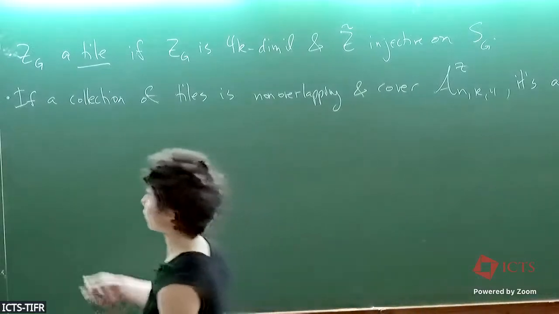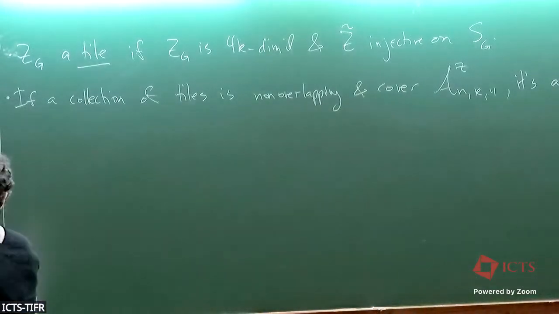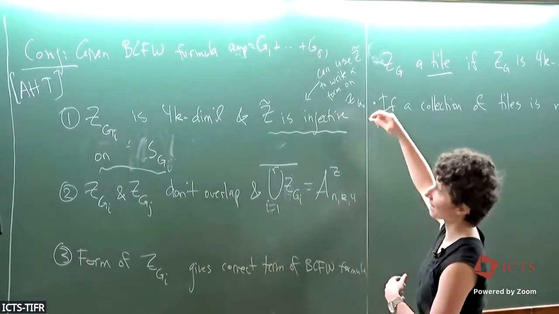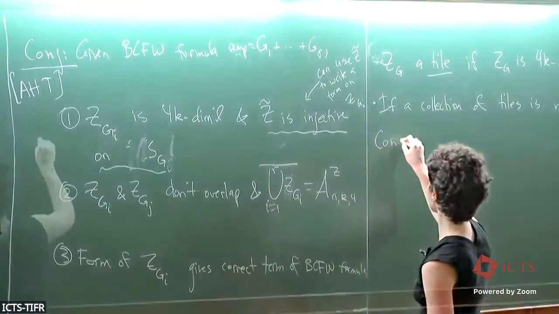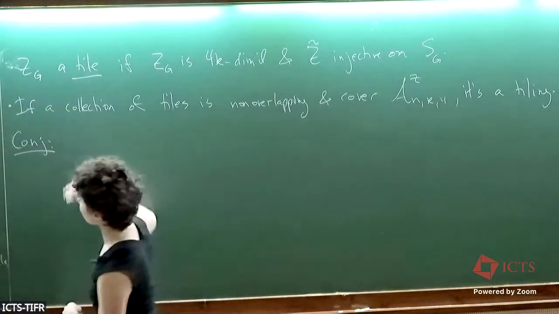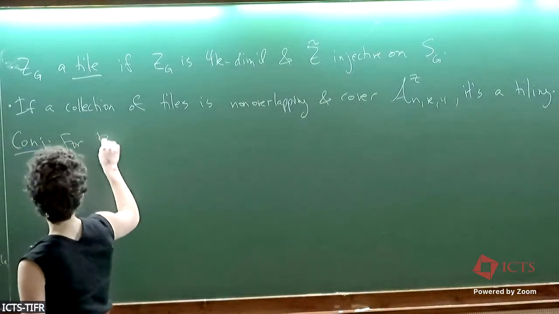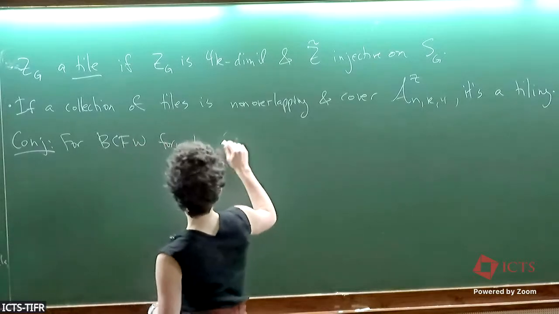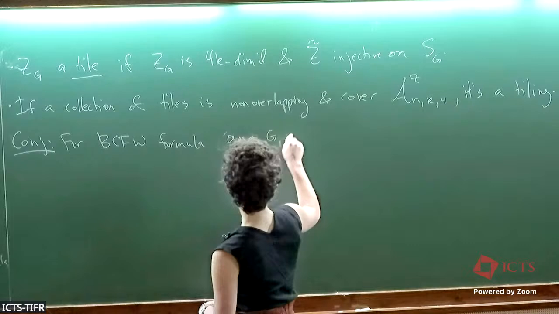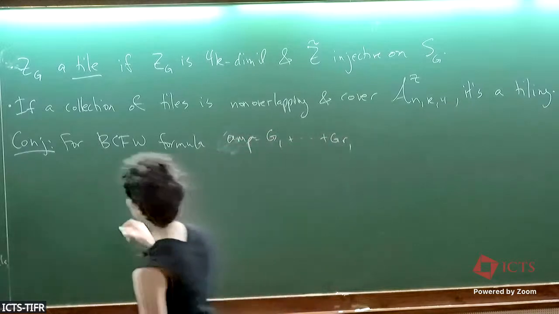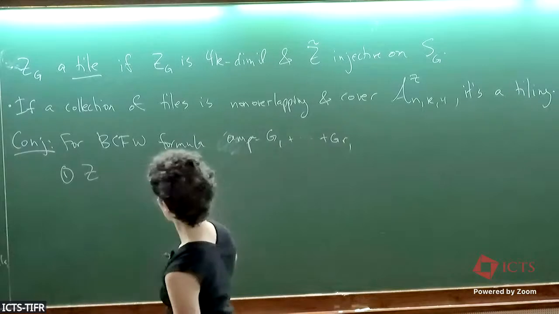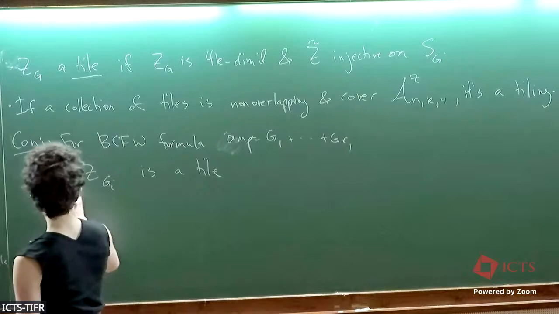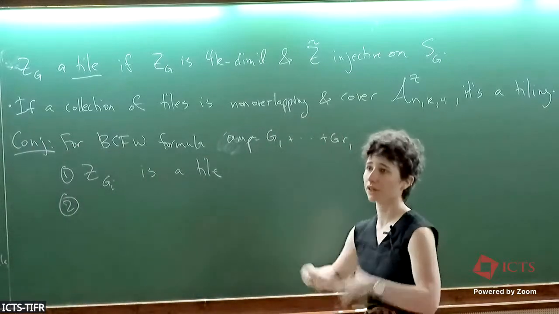Okay, so the short way to phrase points 1 and 2 is, let me write this conjecture another time. This conjecture, using this language, is saying that for a BCFW formula, amplitude equals G1 up through GR, the conjecture is: 1, each one of these graphs gives me a tile, and 2, the collection of all of these graphs in the expression gives me a tiling.